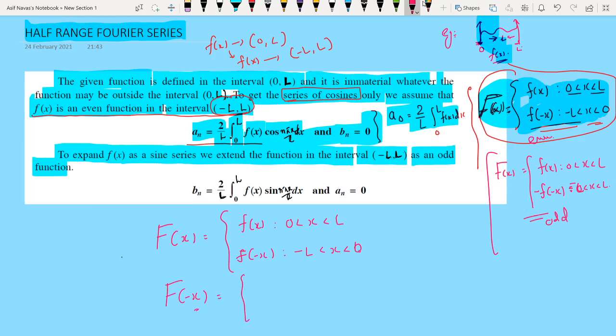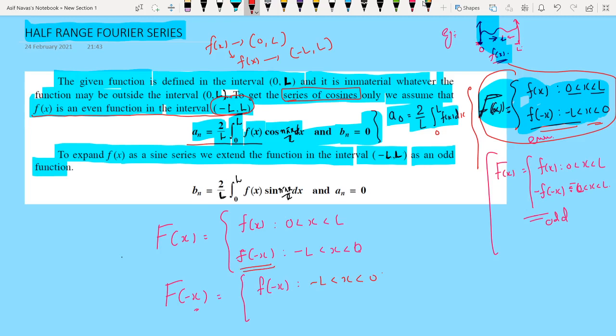Instead of x we have minus x, so we have f of minus x for 0 less than minus x less than L. What does this mean? If you multiply all sides by minus 1, we get minus L less than x less than 0.